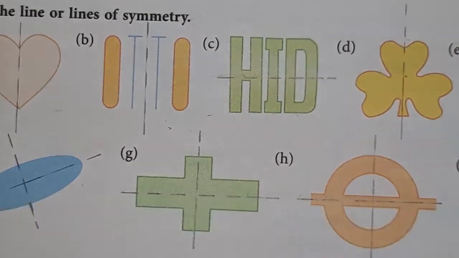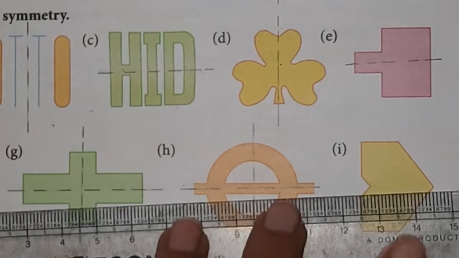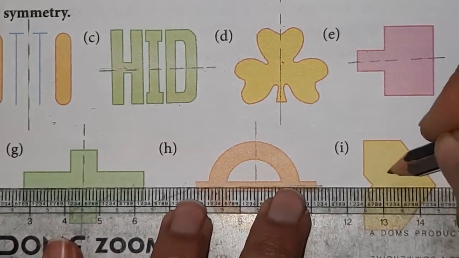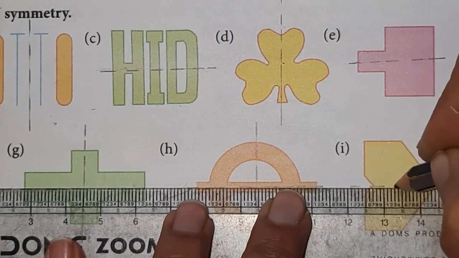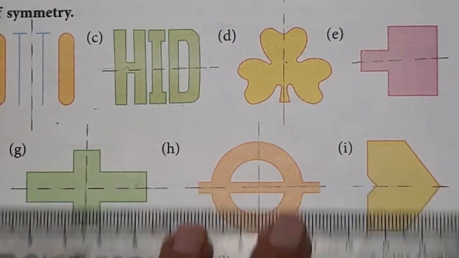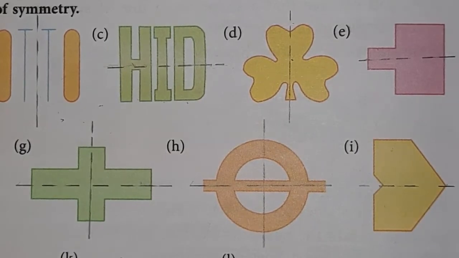Right? And in this only one, that is horizontal. Got it? Next question is, observe the pattern.